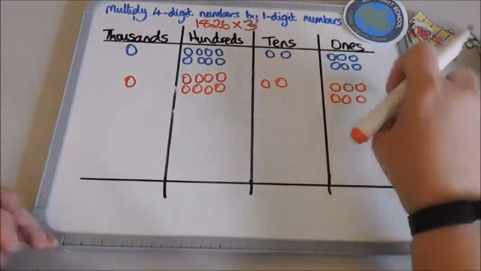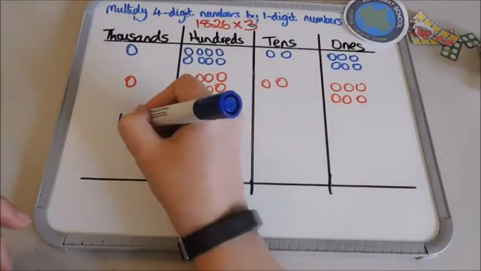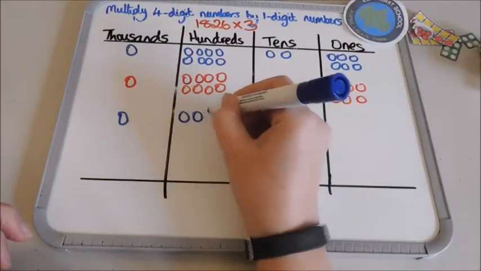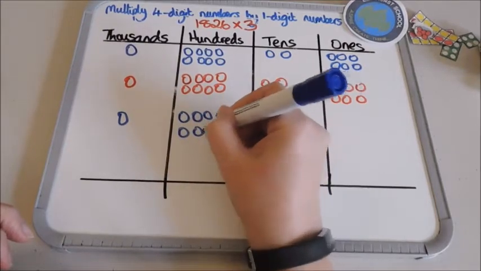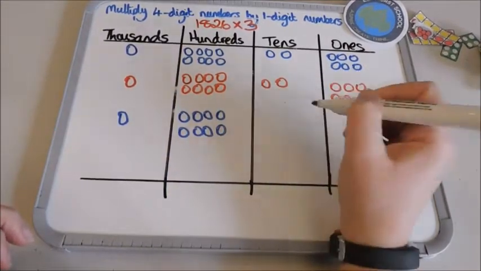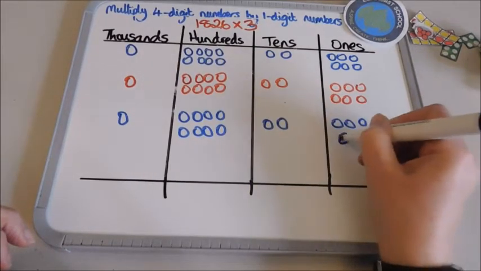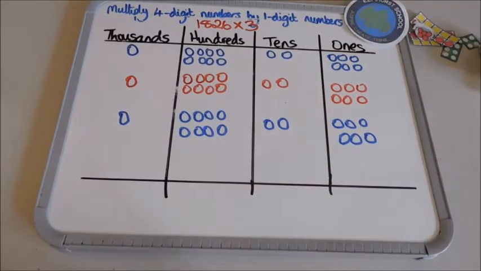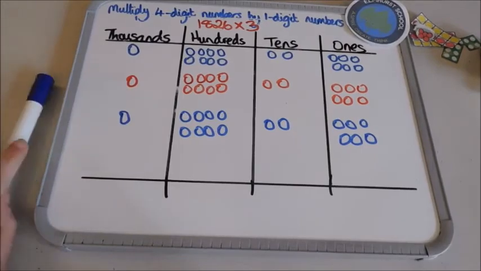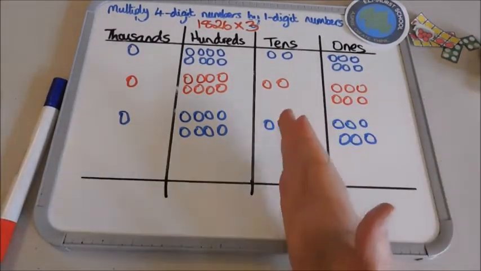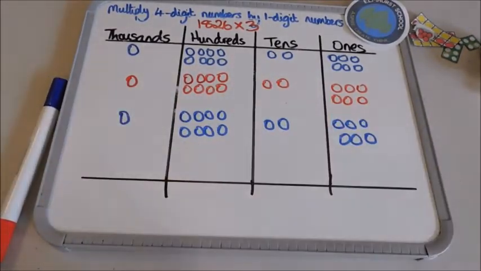One lot, 2 lots, I need another lot. 826.